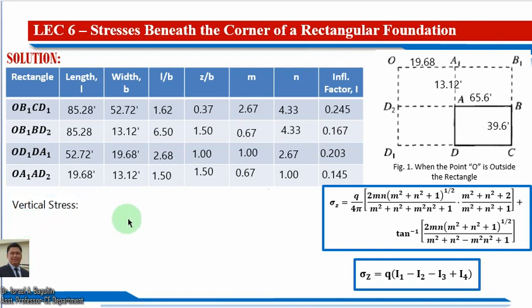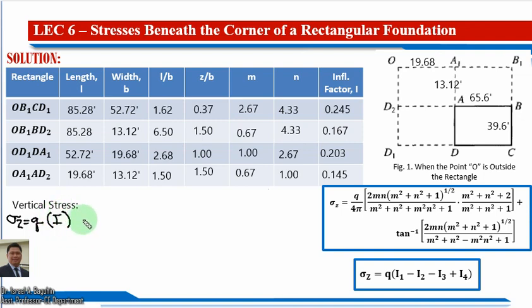So our sigma z is just simply equal to this small q times our influence factor.